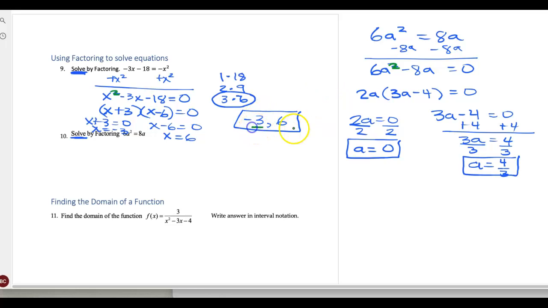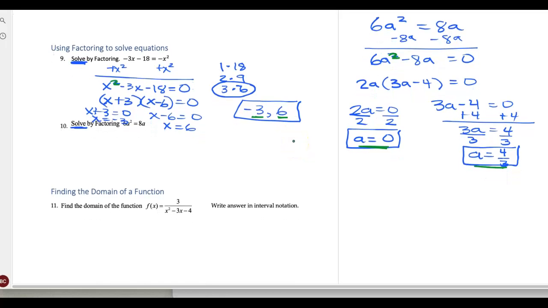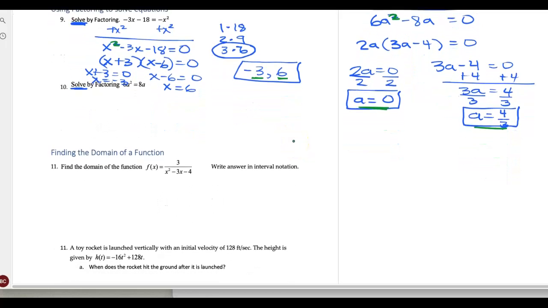We ended up with 2 here. We ended up with 2 here. If that highest exponent was a 3, then I would expect to get 3 answers. If the highest exponent was a 4, I'd expect to get 4 answers, and so on. So the degree of the polynomial is telling me how many solutions I get when I solve that polynomial. Okay.